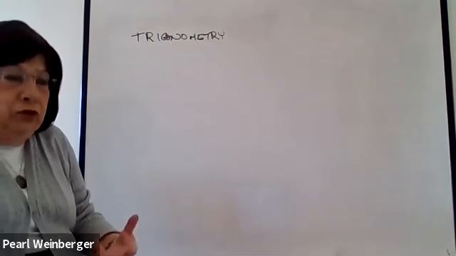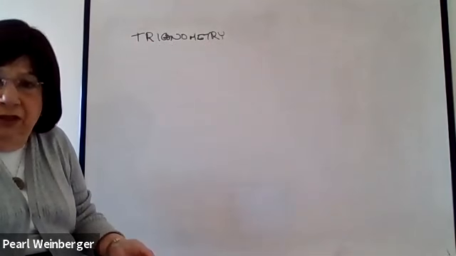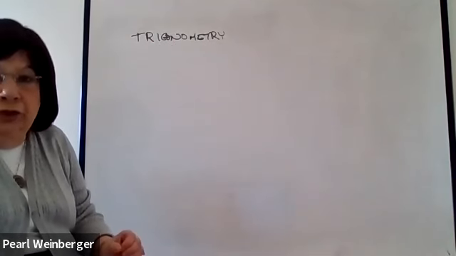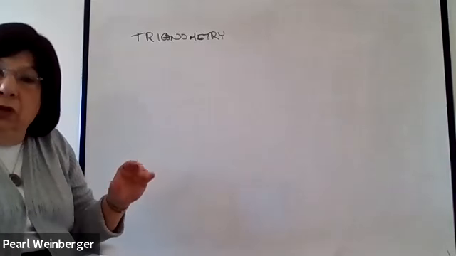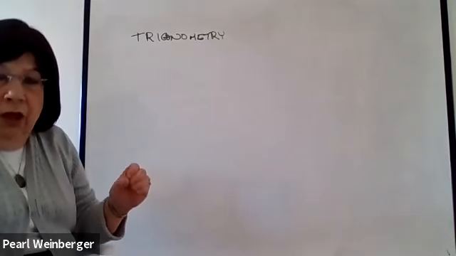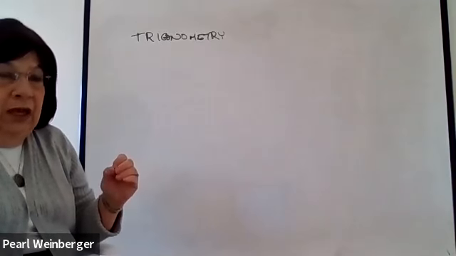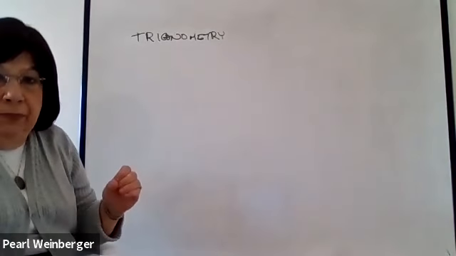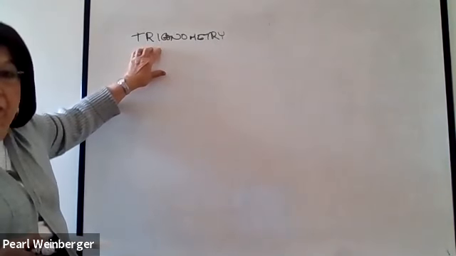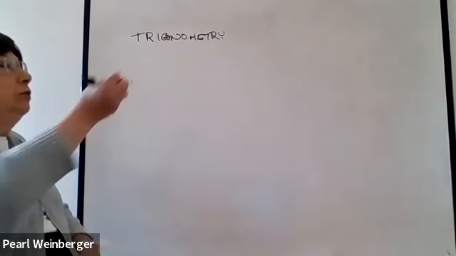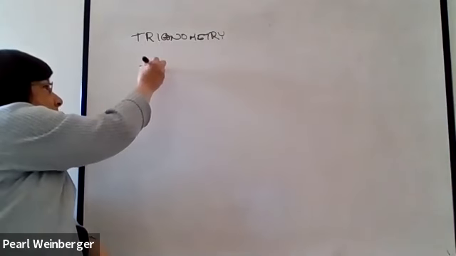So we're measuring something that has three things. And actually, trigonometry is really an offshoot of geometry, of the study of shapes. And the particular shapes that we're going to be talking about are those shapes that have three sides. Now, you know, those are called triangles.